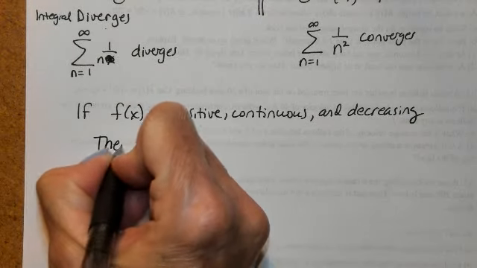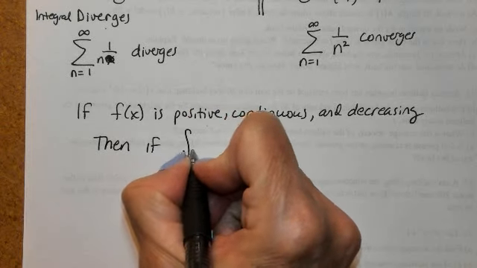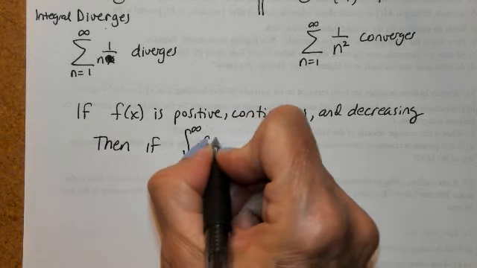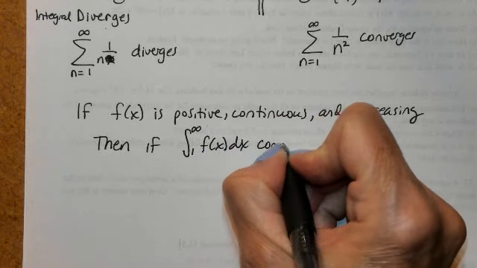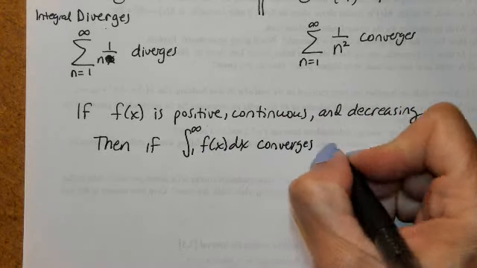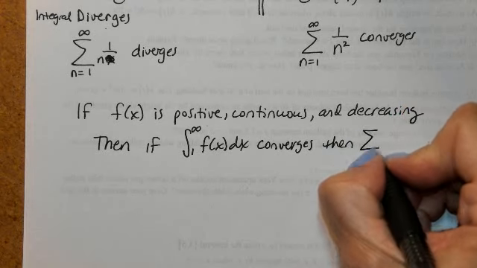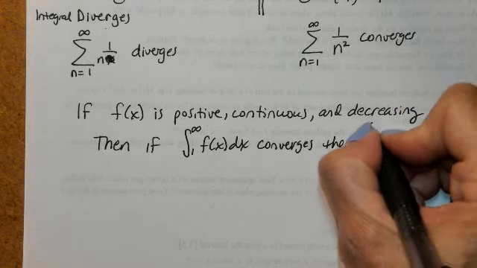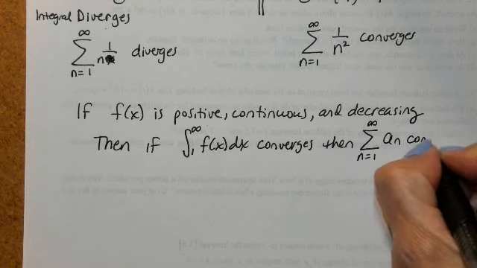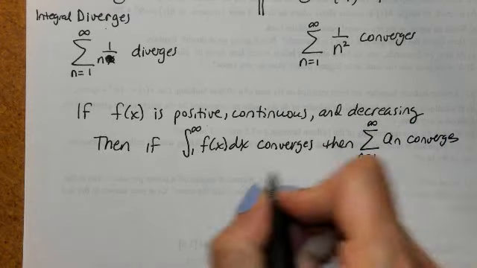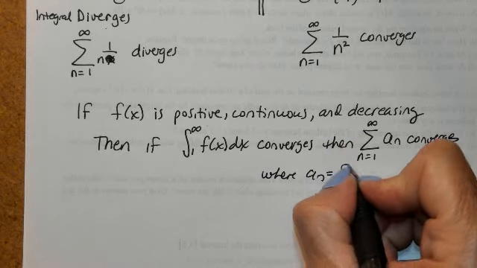then if the integral from 1 to infinity of f of x dx converges, then the series n equals 1 to infinity of a sub n converges, where a sub n is f of n.